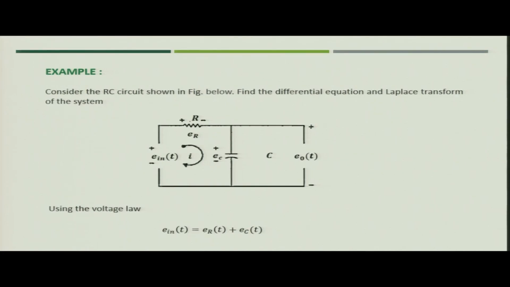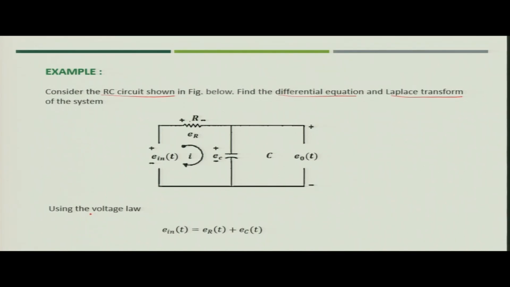Now, let us take quickly an example. If you have the RC circuit in the figure, we need to find out the differential equation and then the Laplace transform of the system. Basically we need to find the transfer function of the system finally.